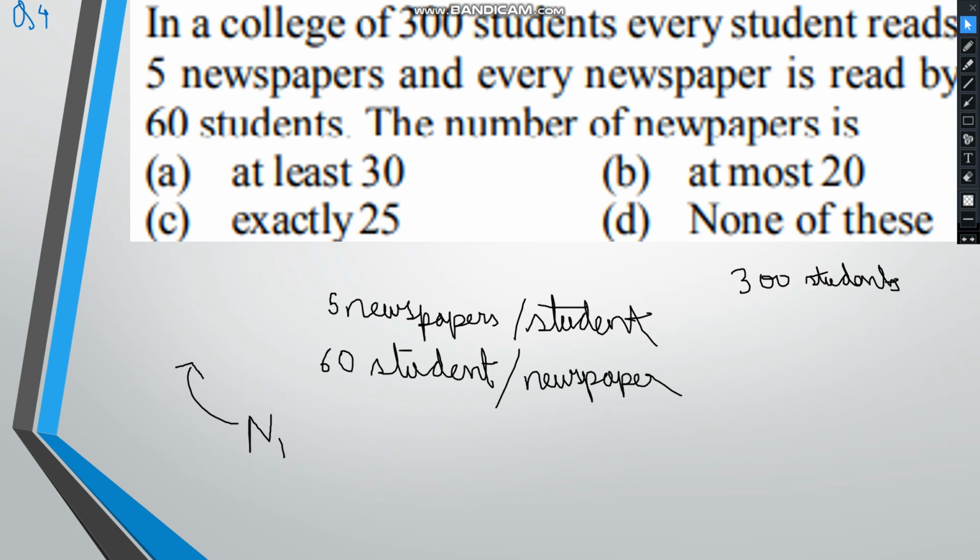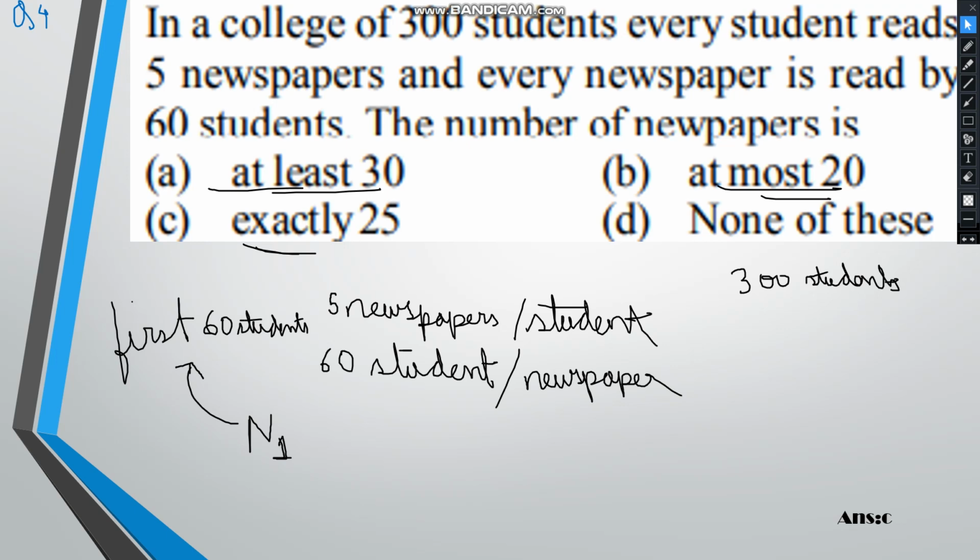First we are thinking of at least, meaning we are trying to get the least number of newspapers possible. To get the least number, we think that this newspaper N1 is read by the first 60 students.